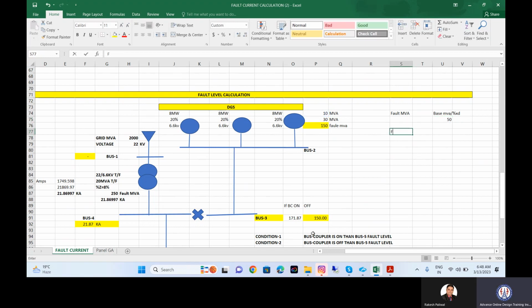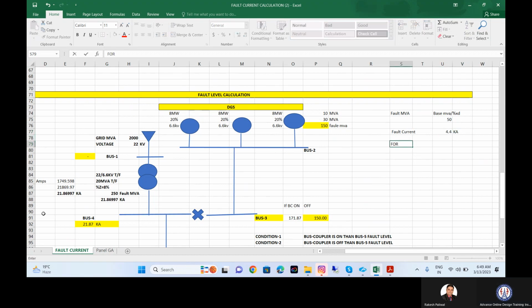Now the fault current will be just divided by the voltage. Voltage is 6.6 kV. In case of DG, fault current will come very less. So it is 4.337. Yes, sir. Okay, 4.4. This is for the 1 DG.